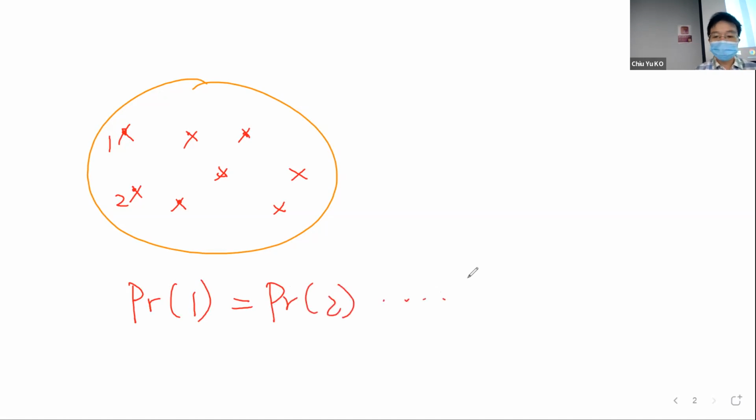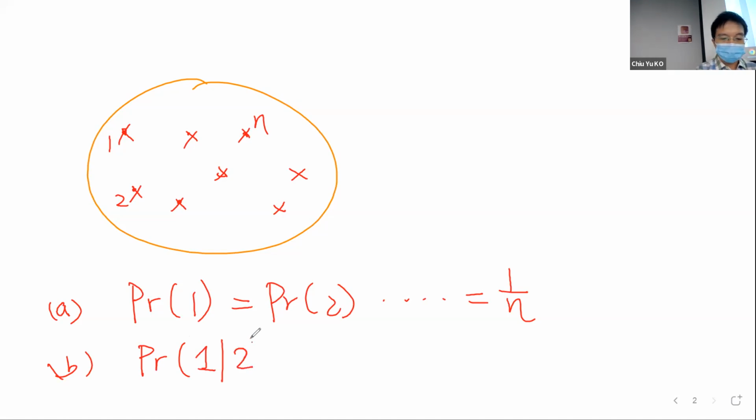Suppose there are n elements, the probability is 1 over n. The second part means that when you choose the second one, every choice is independent. So the probability of 1 being selected, given that 2 is selected, is the same as 1. It doesn't matter what you have chosen before, it will be the same.